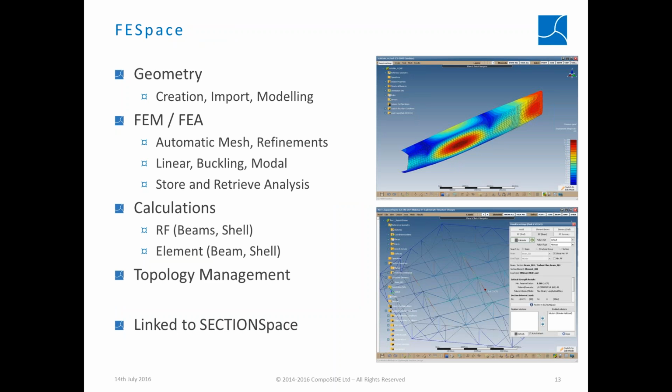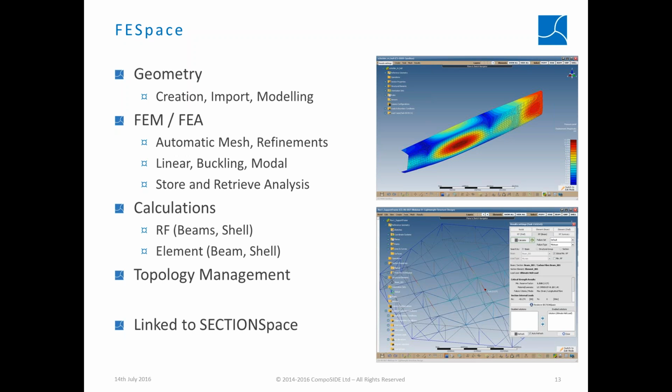FE Space is the three-dimensional finite element modeling environment. Similar to Section Space, you can import, create, or model your own geometry starting from a number of templates that we provide. The tool offers automatic meshing capabilities with features for manual refinements when you want to control the quality of the mesh.